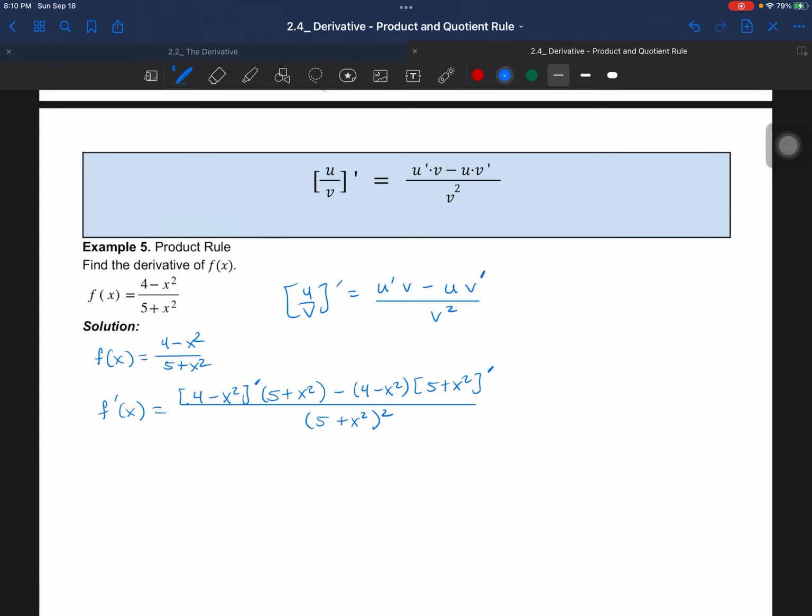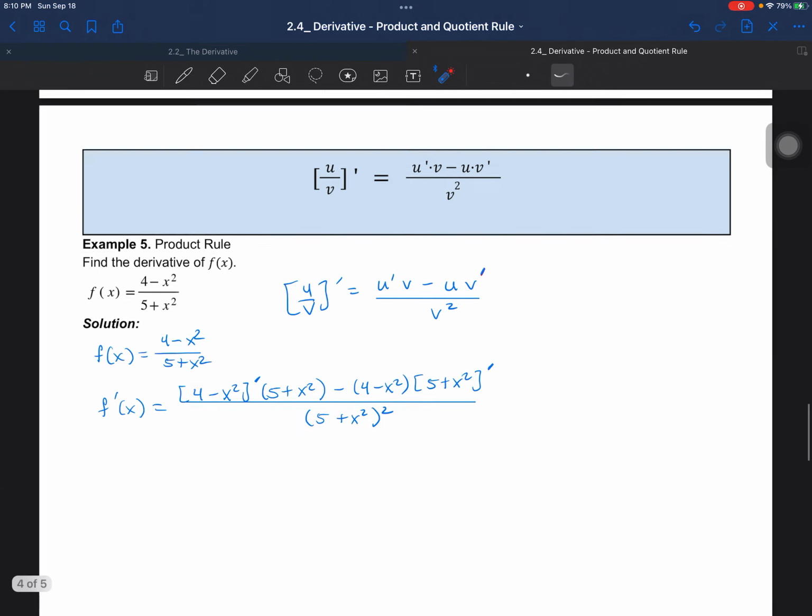What I end up doing, and I encourage you to do, is to try to set this up before you apply the derivative. So what I'm saying here is the derivative of this will be the derivative of the top function times the bottom one left alone, minus the top function left alone times the derivative of the bottom function.